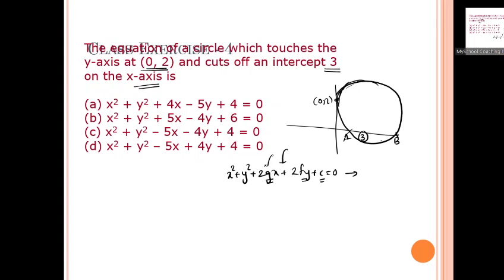How many unknowns are there in this equation? 3. So you need 3 conditions, okay? So in this question, what is the first condition? Can you give me an account of the information that is given in this question? The equation of a circle which touches the y-axis, okay?